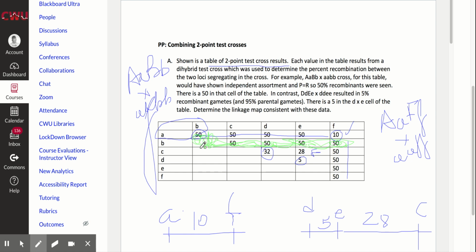Now notice that there's nothing in the diagonal. That's because B times B wouldn't tell me anything, so it's not going to show up in the tables. But B times A, B times C, times D, times E, times F, that is all 50. So B is not linked to anything.